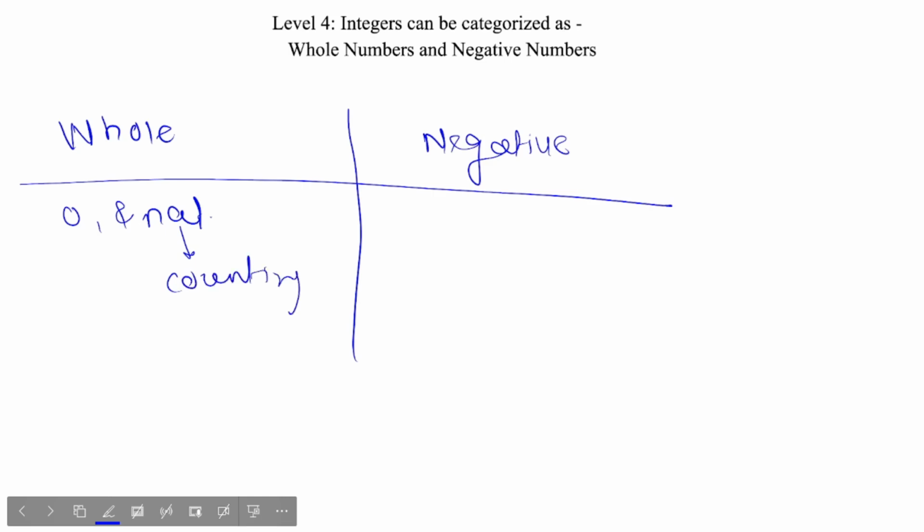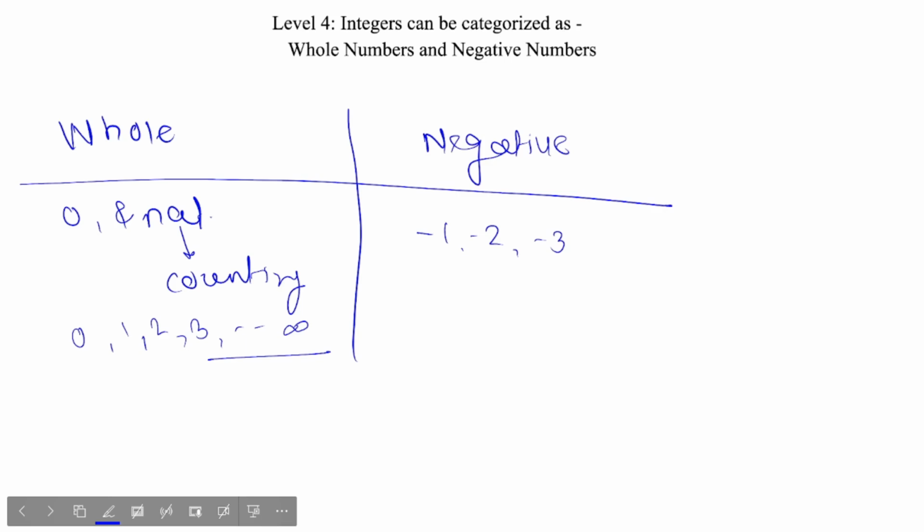Can we use negative numbers for counting? No. So we are excluding them in a second part. That is the reason we have 0, 1, 2, 3, 4, up to the counting numbers here, and here we are using negative numbers only as a separate section. So this is the complete level 4 understanding and the difference between whole numbers and negative numbers.